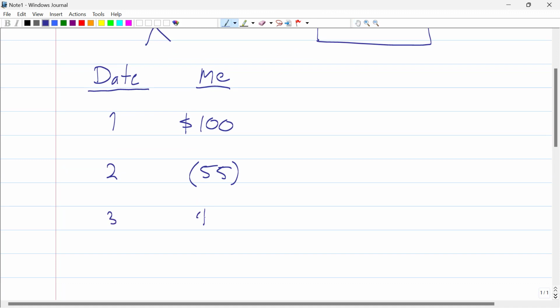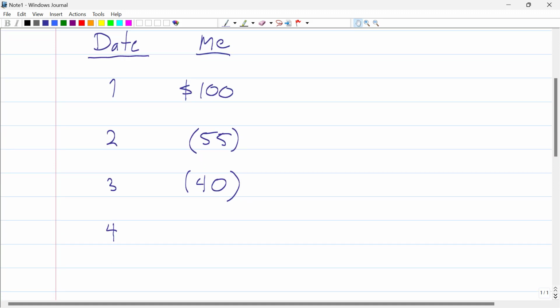Now, let's get to the reason why we do bank reconciliation. Well, if we can now look at the bank's understanding of what happened and looking at the dates, on day 1, the end of day 1, the bank's records show that I have 0 balance. That's because of a timing difference.